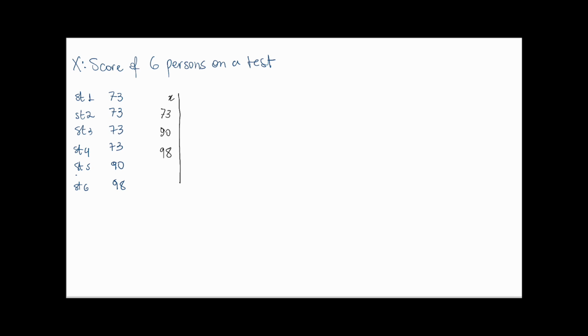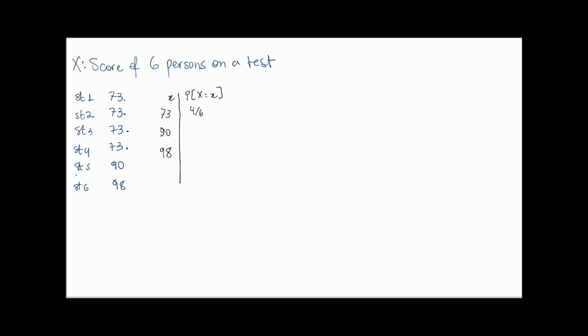So these are the values of the score of the test, okay? What's the probability of that happening? What's the probability that your score is 73? Well, we know how to calculate probability. We take 4 situations that are 73 over 6 possible situations.